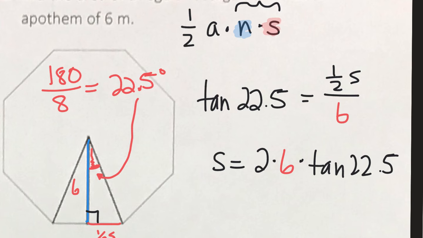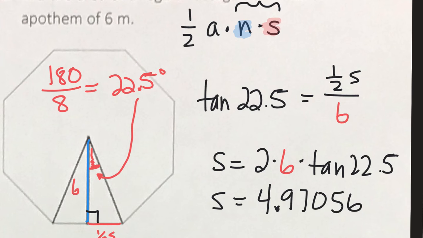When you solve this for S, 12 times the tangent of 22.5 gives me a side length of 4.97056. We're going to keep all the decimals in here. So that's the length of our side for your octagon.